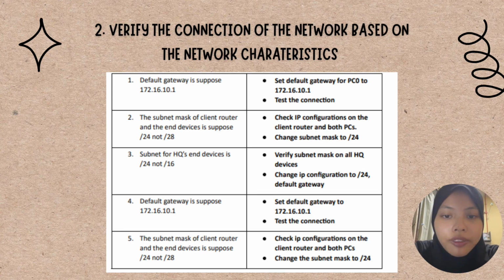Next, verify the connection of the network based on the network characteristics. So firstly, the default gateway is supposed to be 172.16.10.1. So what I am supposed to do is set the default gateway for PC0 to 172.16.10.1 and then test the connection. Secondly, the subnet mask of the client router and the end devices is supposed to be /24, not /28.